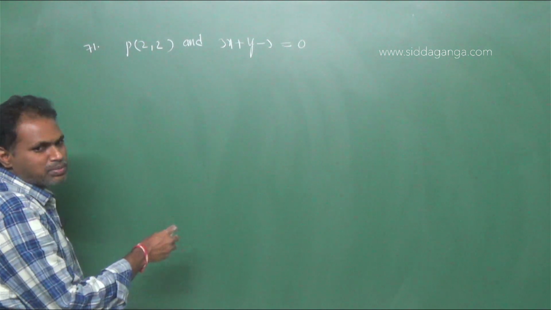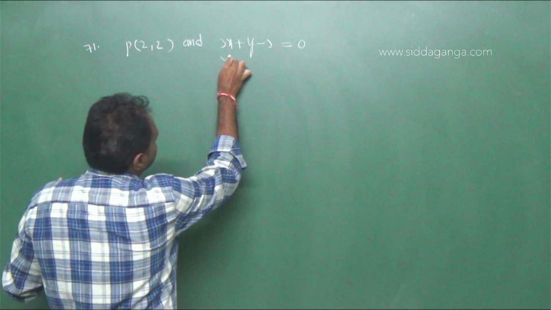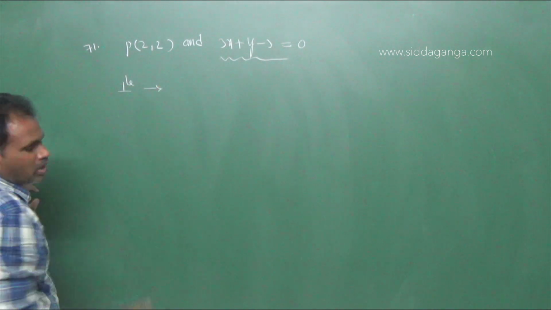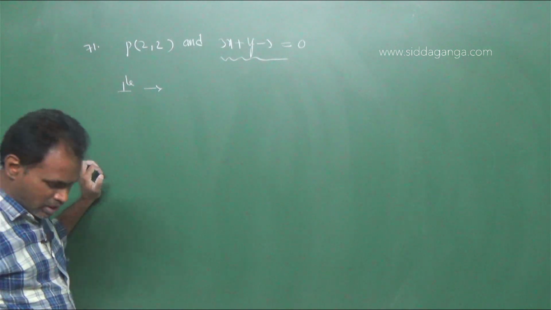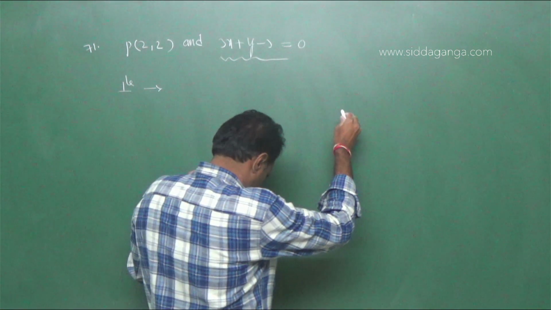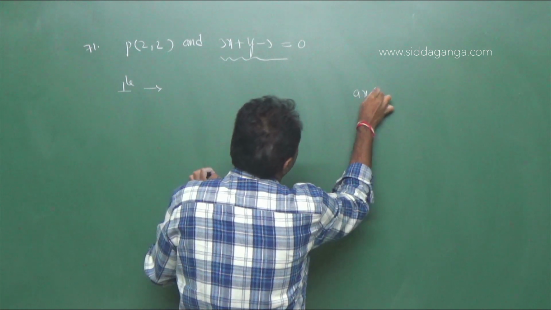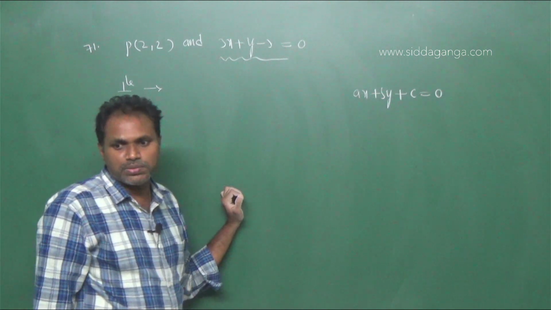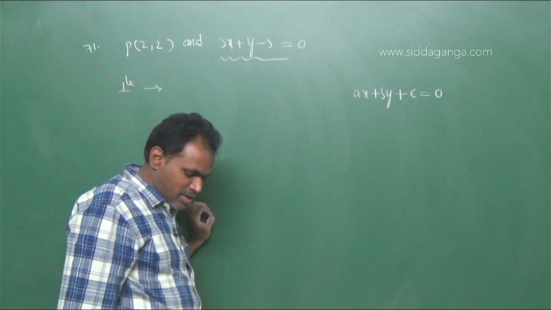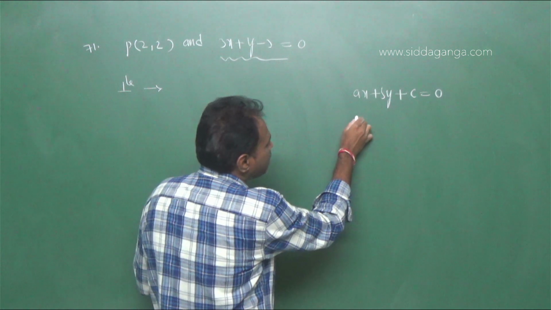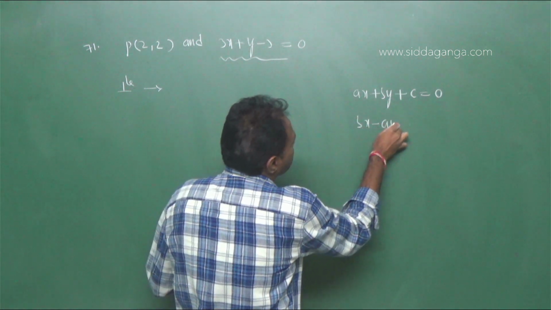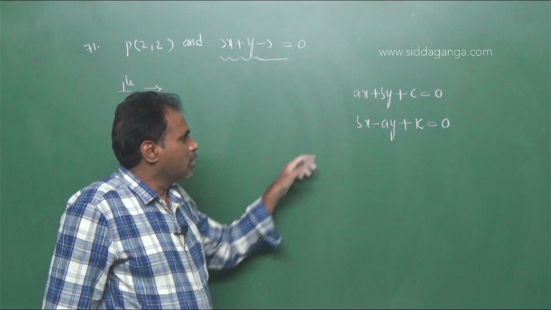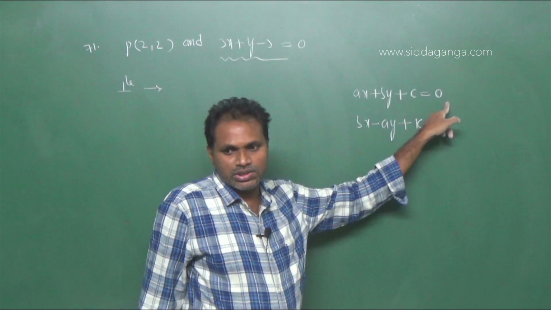Now, a line perpendicular to the given line. Suppose a line is ax plus by plus c equal to 0. This is the standard form of the line. Then a line which is perpendicular to this given line is bx minus ay plus some constant k equal to 0.